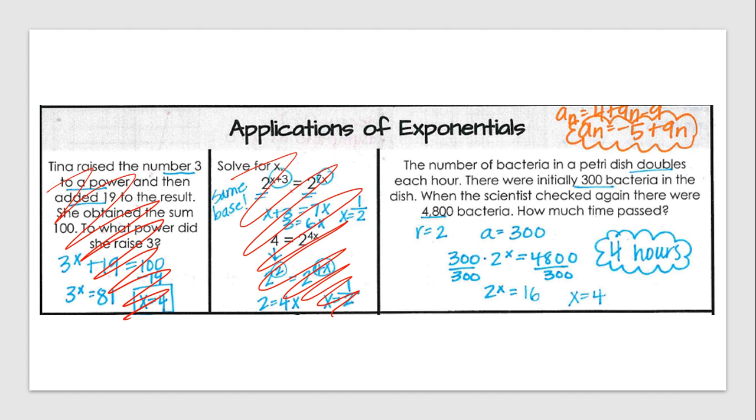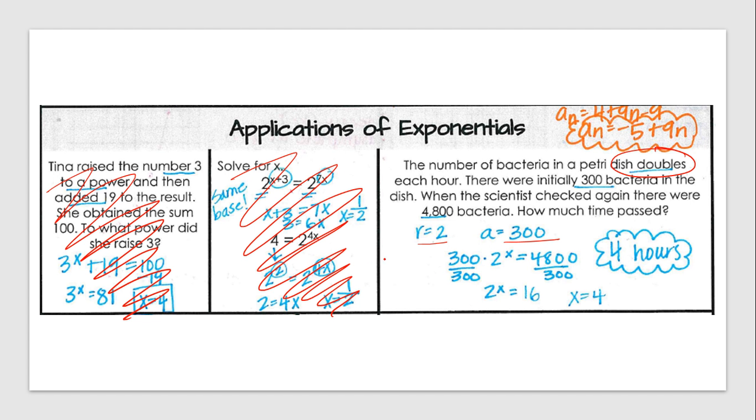Okay, so the number of bacteria in a petri dish doubles each hour. So here's my rate, it tells me how fast we're increasing. So it doubles each hour. There were initially 300 bacteria in the dish, and then when the scientists checked again, there were 4,800 bacteria, and we want to know how much time has passed. So my rate was 2, my initial value was 300.